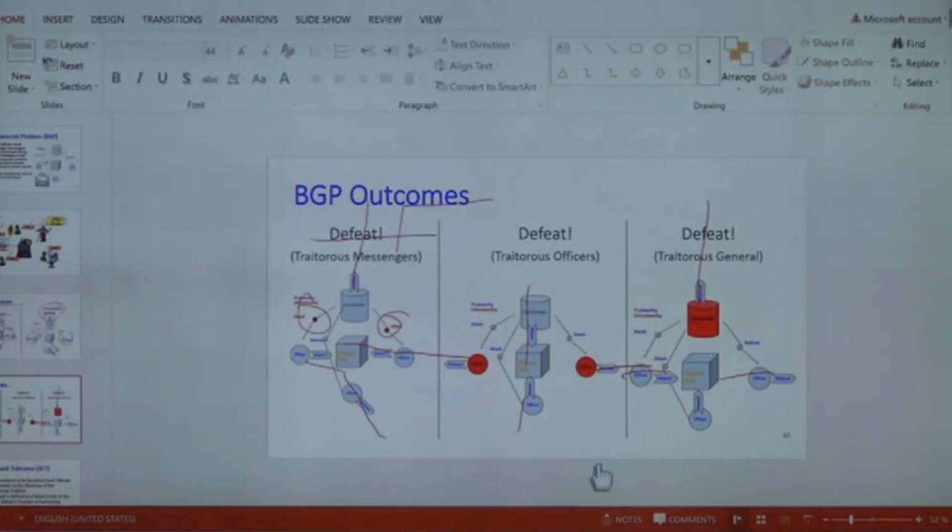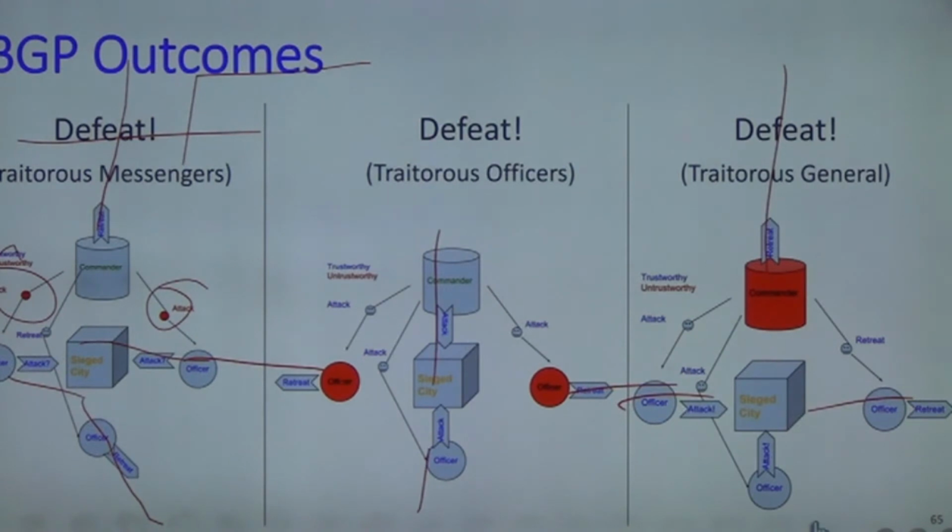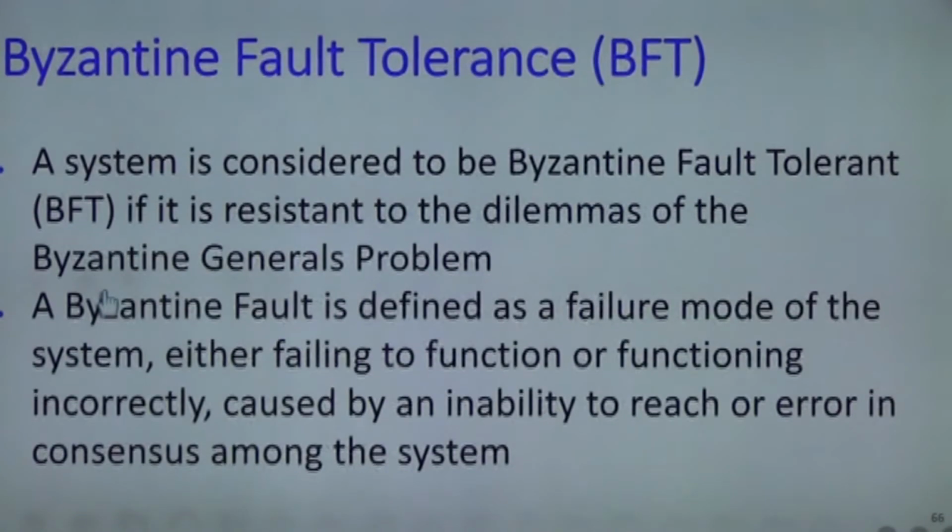So coming back to the Byzantine, I hope that we understand the Byzantine general problem, where the messages are sent, but there is some untrustworthiness which can change the message and result in a defeat.